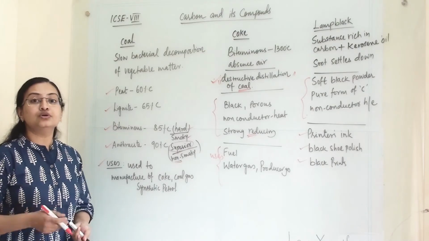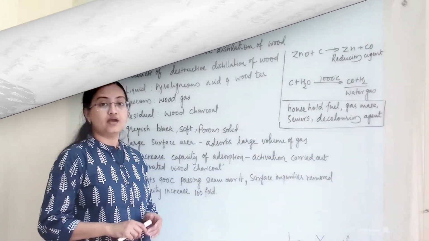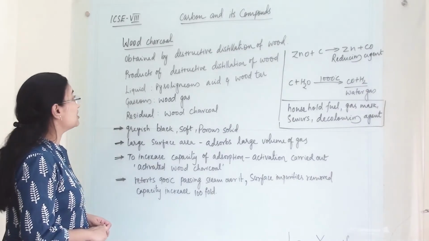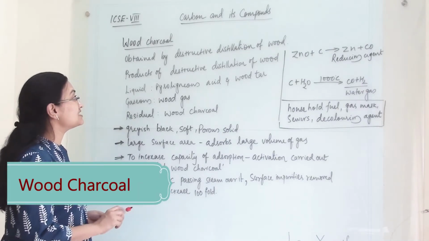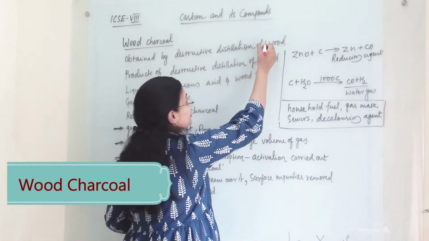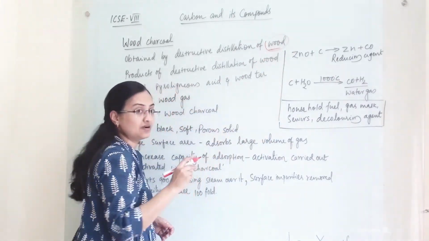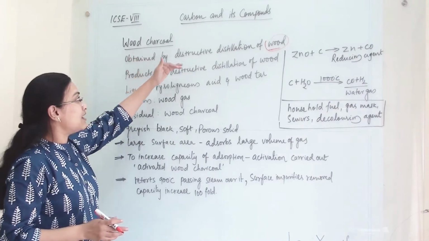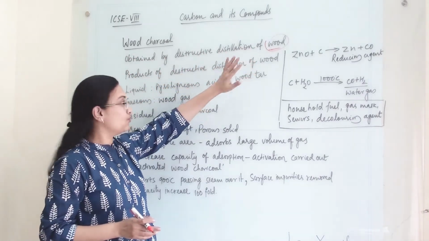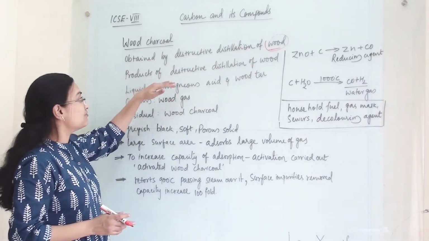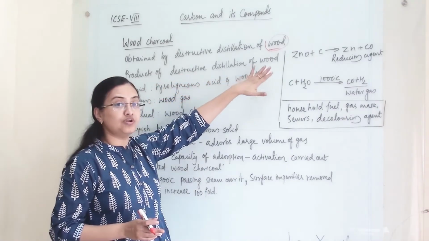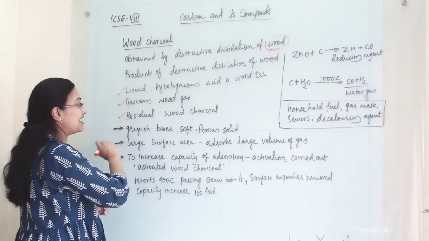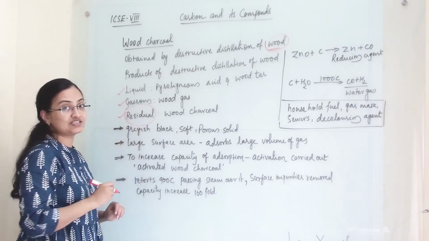Now going to wood charcoal. Now we will discuss wood charcoal. We obtain wood charcoal by destructive distillation of wood. Earlier we have seen what destructive distillation is. The products of destructive distillation of wood are of three types: first is liquid, then gaseous, and then whatever is left is known as residual.